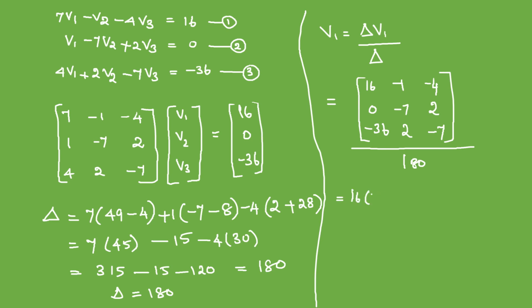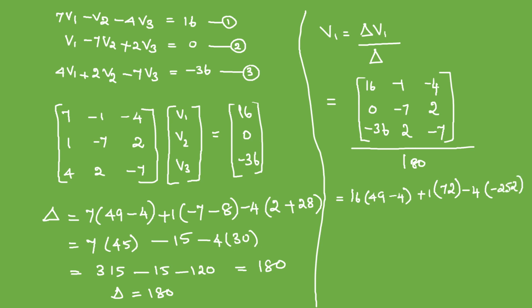16, then multiplied by this 49 minus 4, then plus minus of minus plus 1. So here it is minus of minus 36 into 2, so it is 72, minus 4 into minus 252.